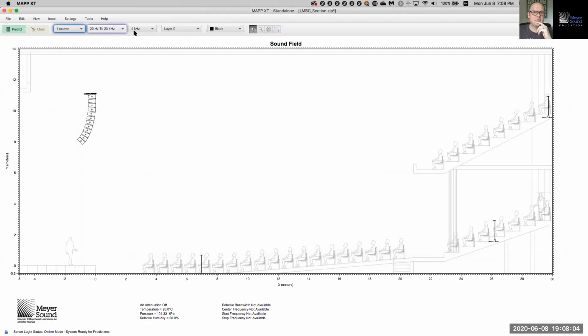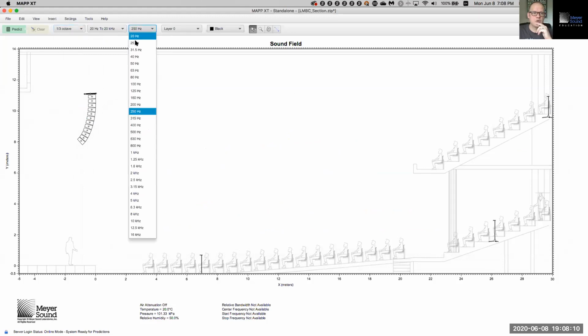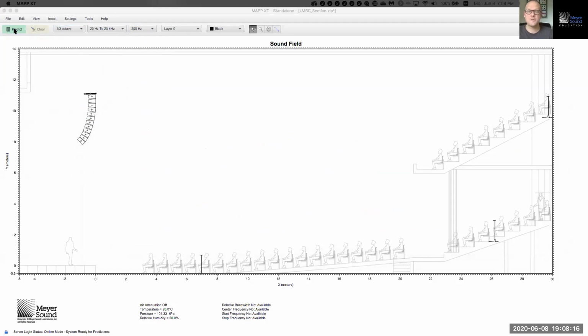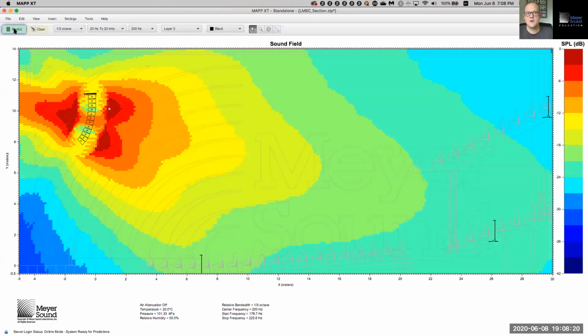LMBC is now activated, and let's look once more at that same frequency range, 1/3 octave, 200 hertz, and let's look at what happened after we turned on the LMBC, which will now spread the beam electronically only for those frequencies. This is with the LMBC engaged, and you clearly can see that the beam has been spread.